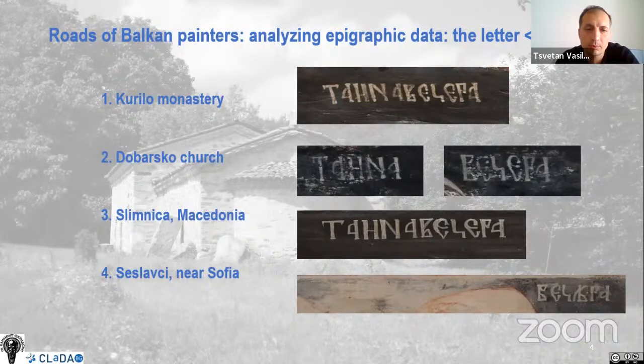Kurilovo monastery is in Bulgaria, Doborsko is also in Bulgaria, Slimnica monastery is in Macedonia, and Seslovci is near Sofia. And you can see here the letter Ch, which is one and the same actually, and this helps us to identify connections.